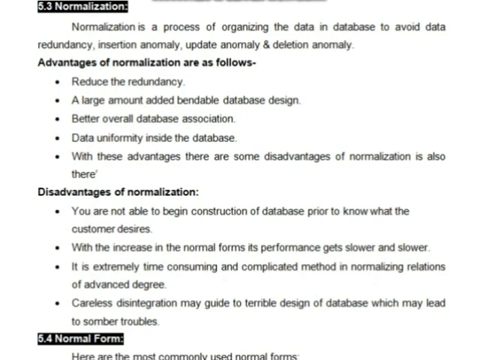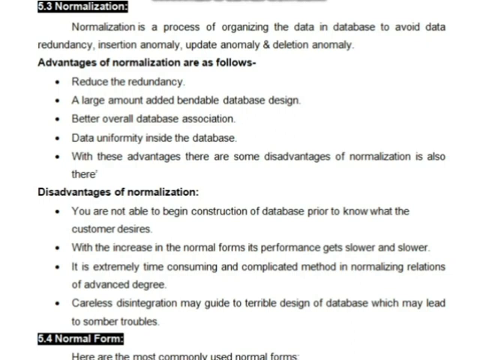With increase in the normal form, its performance gets slower and slower, because every time we apply the normal forms, there are multiple rules which we are enforcing on the table. So it increases the normal forms and results in decreasing the speed. It gets slower and slower.